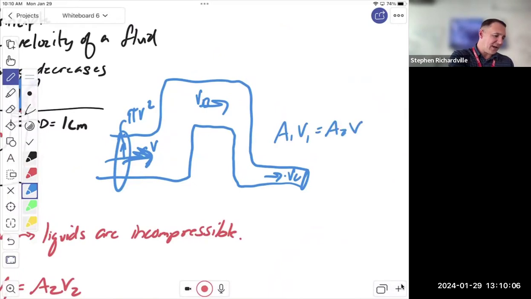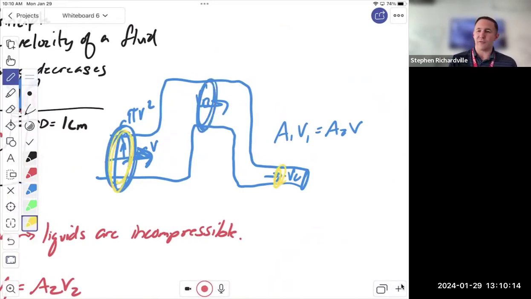I can use the area at this point and the area at this point to find the velocity at B. I can use the area at this point and the area at this point to find the velocity at C. So this would be a good free response question to find the velocity at different points in the pipe as the diameter changes, cross-sectional area changes.